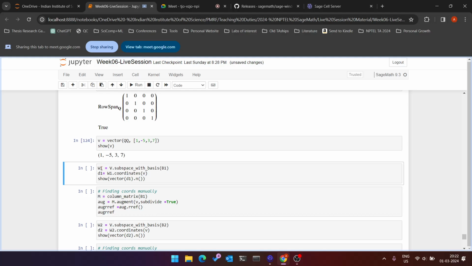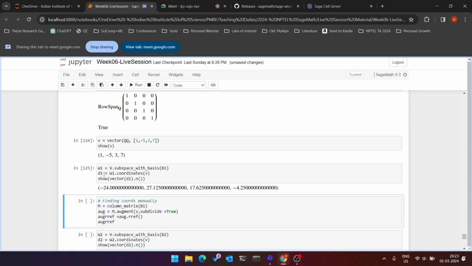To do so, we first define a subspace in V using the basis B1. Next, we calculate coordinates of the small vector V in the subspace W1. So that is D1, and I show the vector of D1. This is how it looks.